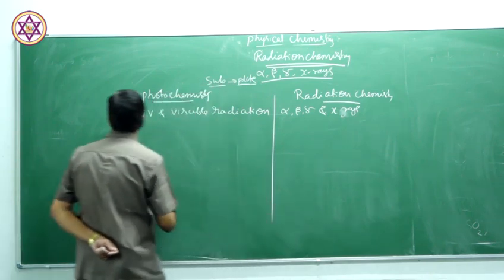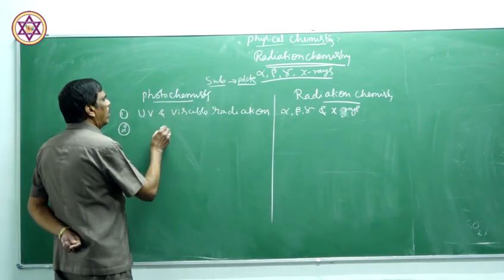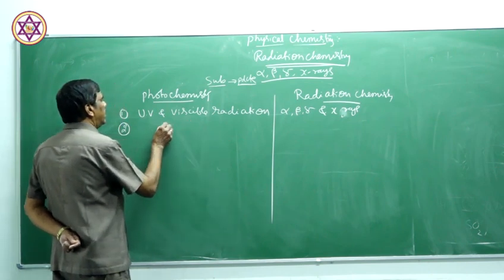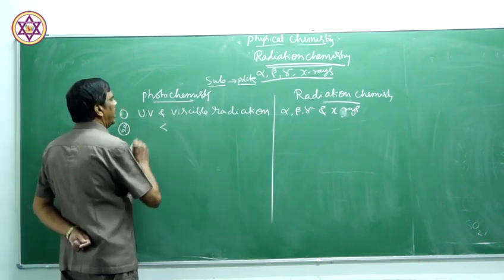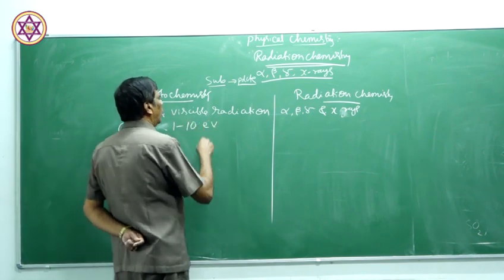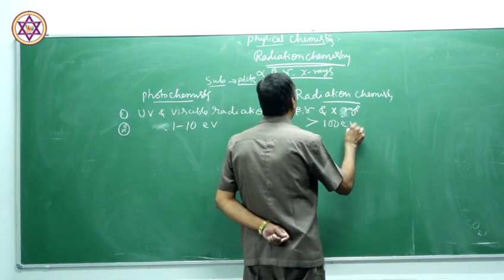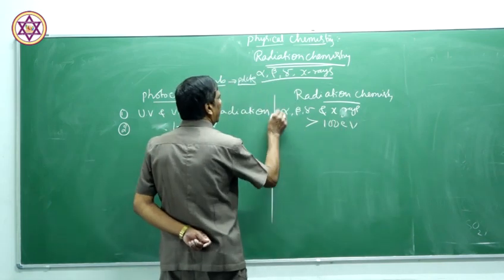That is one of the differences. The second difference is that photochemistry involves visible radiation with energy between 1 to 10 electron volts, whereas here it is more than 100 electron volts.